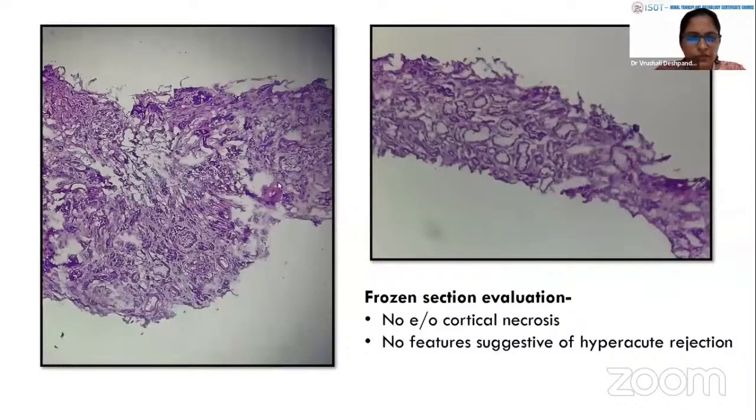We could appreciate some amount of tubular injury and relatively normal appearing glomeruli. There was no evidence of coagulative necrosis. The same things were conveyed to the transplant team and they were relieved that they were not dealing with any type of necrosis or severe hyperacute rejection.